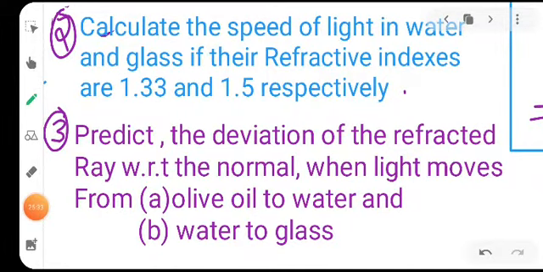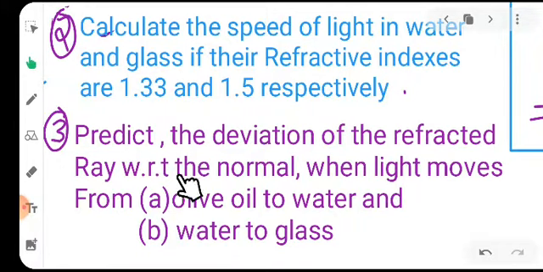Now let me move on to the third question. The third question states: predict the deviation of the refracted ray, that is, the ray in the second medium, with respect to the normal when light moves from olive oil to water and from water to glass.